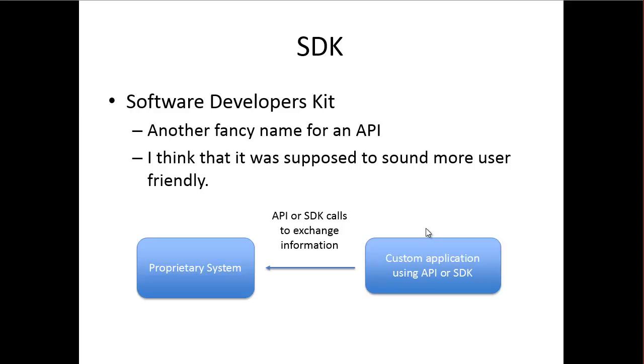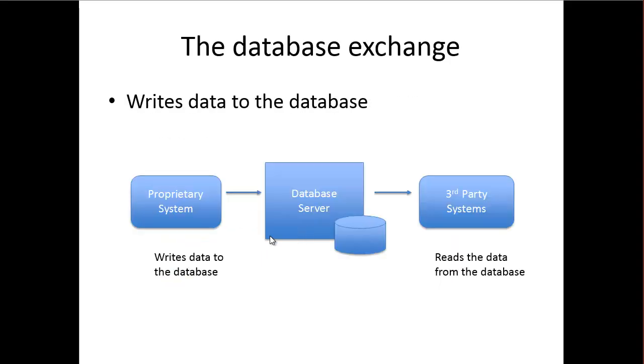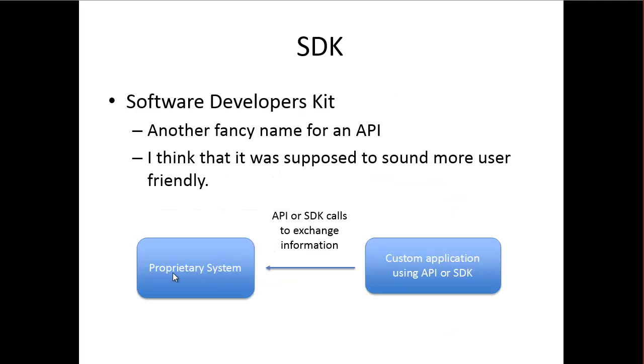Another thing that they call APIs is SDKs, a software developer kit. So you've either got an application programmer interface or a software developer's kit. Basically, they're kind of the same thing. Here's what it looks like. You've got your proprietary system here, and you've got your computer over here, and you connect them together somehow, and then you write your custom application using the API or the SDK, and now you're able to get that data into your enterprise.